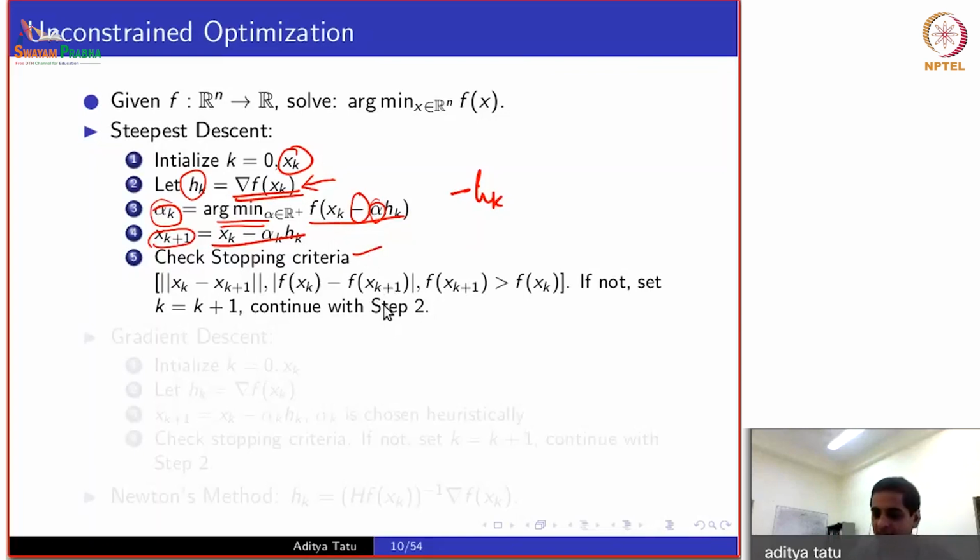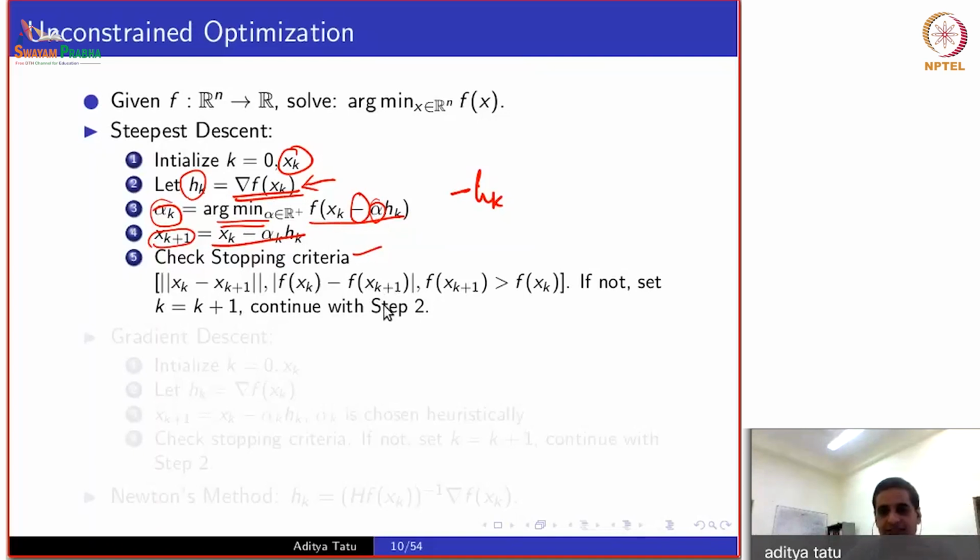You should think of this algorithm as if you are on top of a hill, and your visibility is restricted, maybe due to fog or whatever, and you want to get down to the base camp as rapidly as possible. So let's say you can look only 2 meters around you.